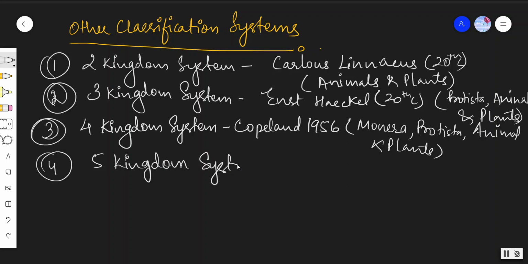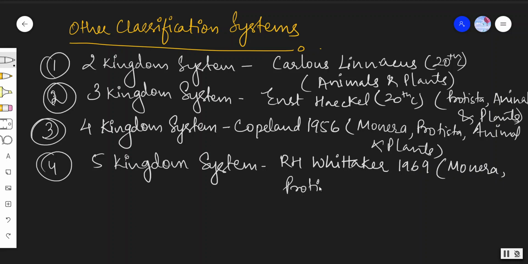The five kingdom classification was given by R.H. Whittaker, which is accepted worldwide, in 1969, starting with Monera, Protista, Fungi, Animalia and Plantae.